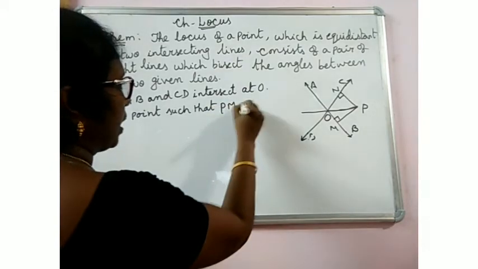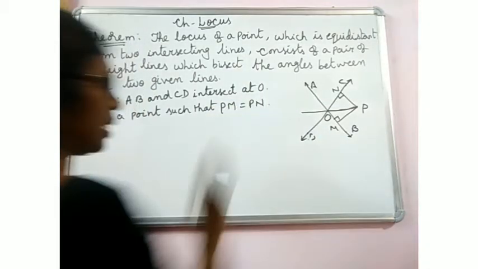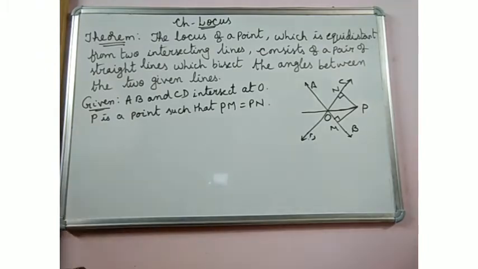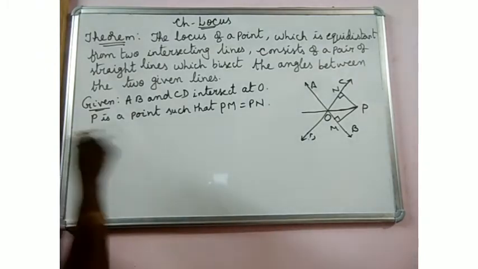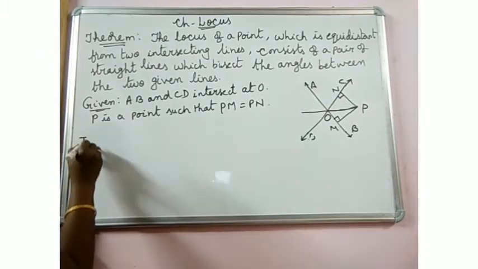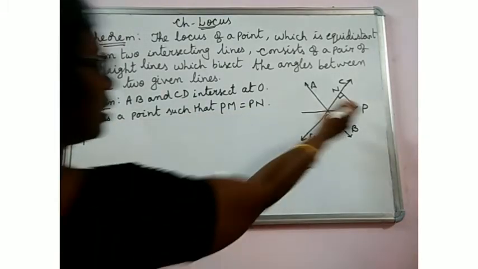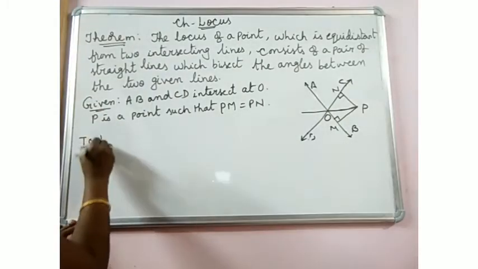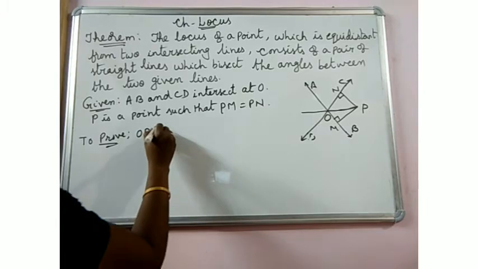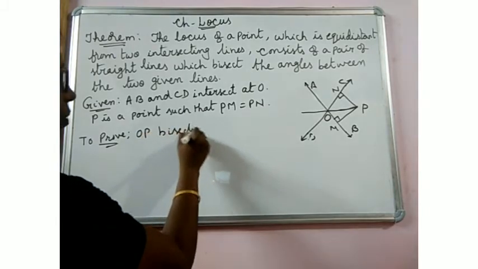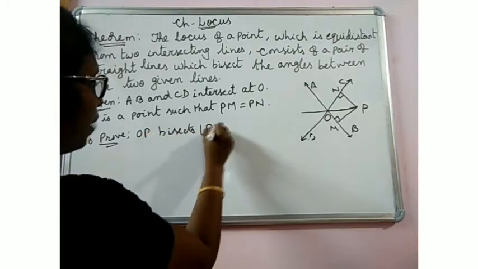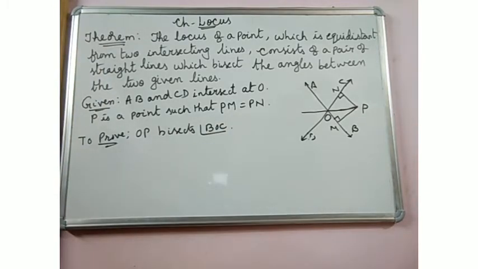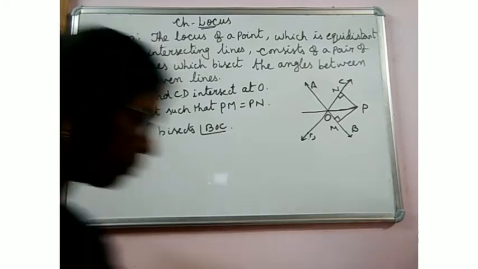PM is equal to PN, that is given to us, and these are the perpendicular distances, this is 90 degrees. We have to prove that OP bisects angle BOC, or we can say OP is the bisector of the angle.